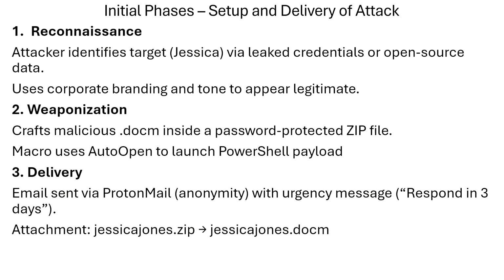The document contained an auto-open macro that launched a PowerShell command. The next step was delivery. The phishing email was sent from a Proton mail address, and it created a sense of urgency and legal pressure to get the user to open the attachment.